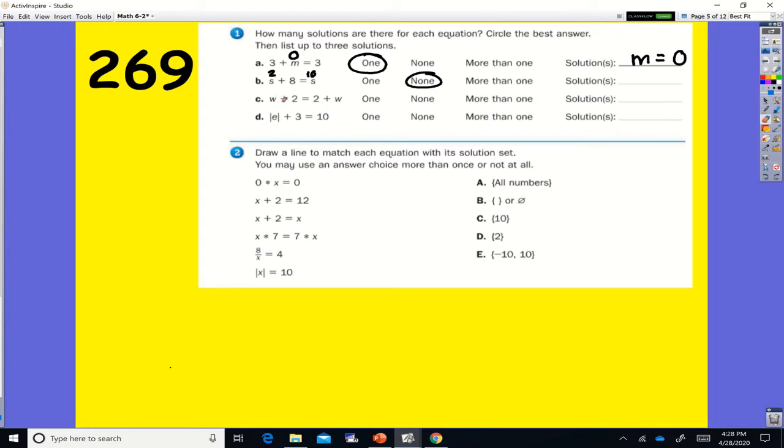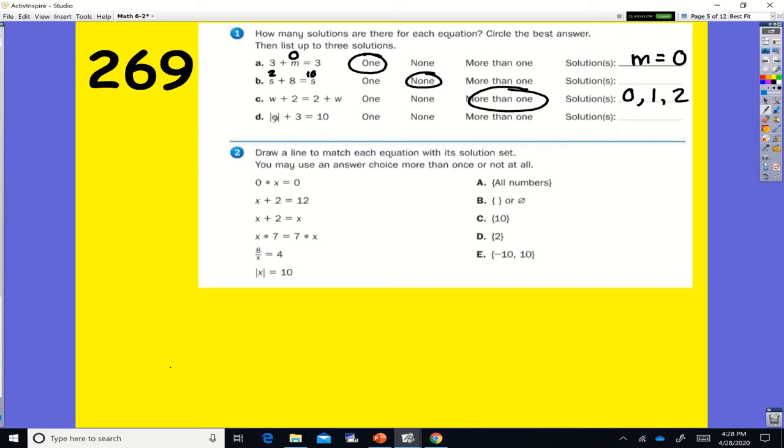I do 1. 1 plus 2 gives me 3, and 2 plus 1 gives me 3. So we're going to have more than one solution. Really, we could have any solution there because technically these are the same thing, just flipped around. So right here you could write any number. I'm going to write 0, 1, and 2. If you put different numbers there, that's okay.